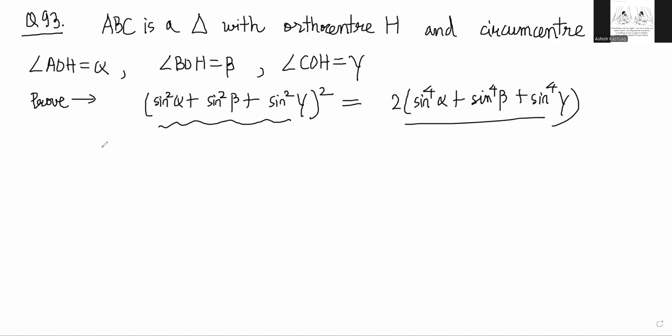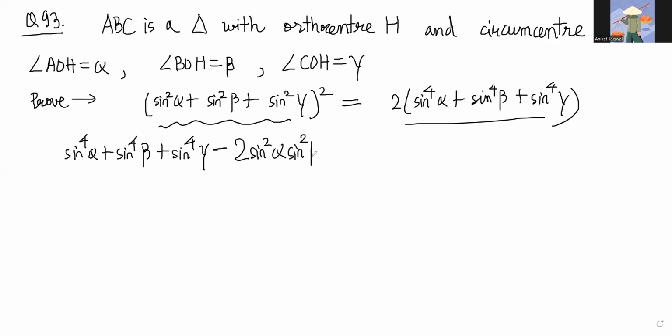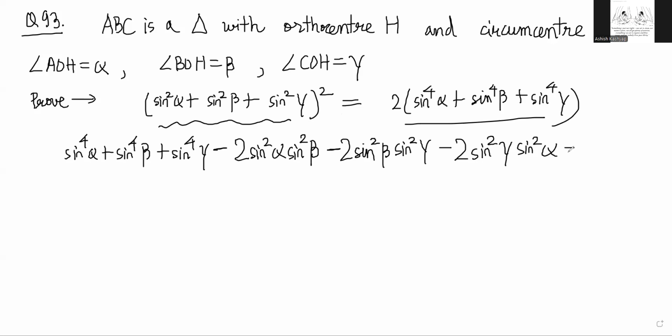You will get sine power 4 alpha plus sine power 4 beta plus sine power 4 gamma minus 2 times each of them: sine square alpha sine square beta, minus 2 times sine square beta sine square gamma, minus 2 times sine square gamma sine square alpha. We have to prove that this is 0.